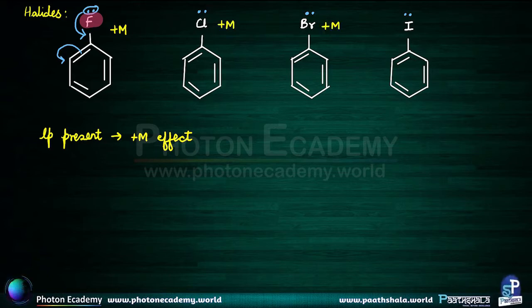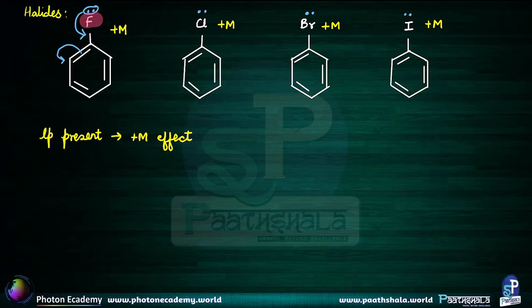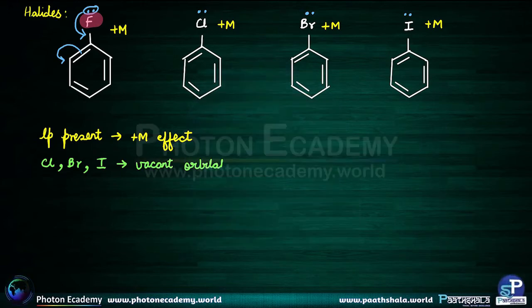Bromine too and iodine too. But we should know this: apart from fluorine, chlorine, bromine, as well as iodine have vacant orbitals. We know that if vacant orbitals are present, they are bound to show a minus M effect.